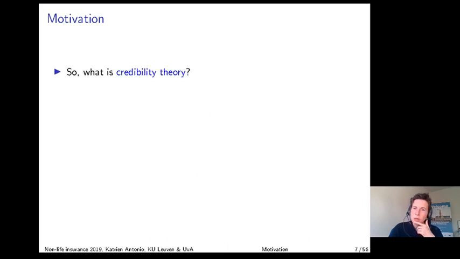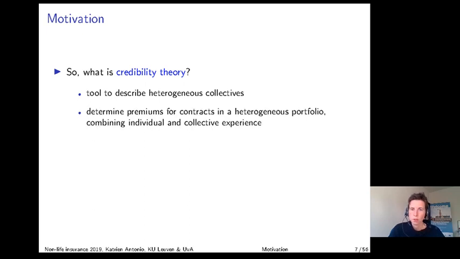Now, credibility in actuarial science serves various purposes. First of all, it is a mathematical tool to describe heterogeneous collectives. Second, it provides actuaries with a technique to determine premiums for contracts that belong to a heterogeneous portfolio.